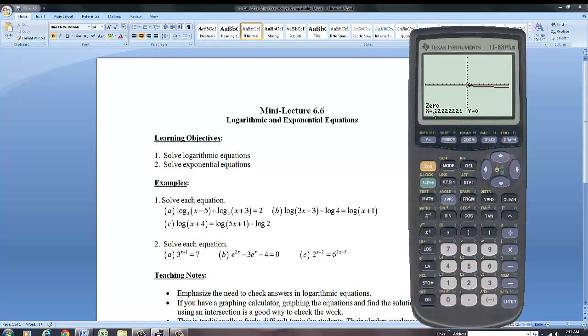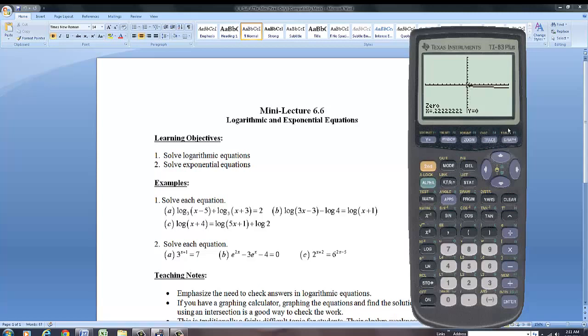So that says x is equal to this value, the y value is 0. So in other words, the x-intercept is this number and this value. Okay. So the solution to this equation right here is x is equal to 0.22 if you round it out to 2 places. If you convert that to a fraction, it's actually 2/9.